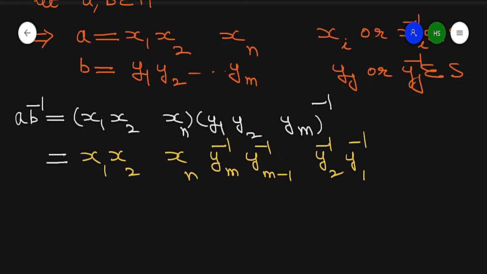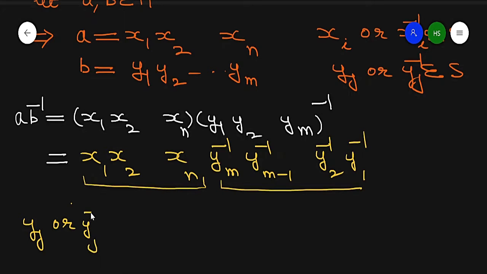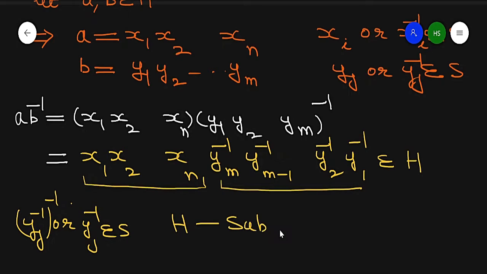At this place either xi belongs to S or xi inverse belongs to S, and at this place yj inverse belongs to S or its inverse, yj, belongs to S. So by definition this belongs to H. So H is a subgroup of group G. This is my first step.